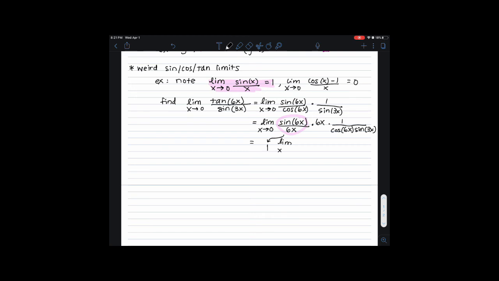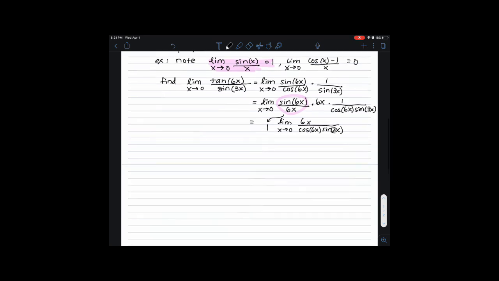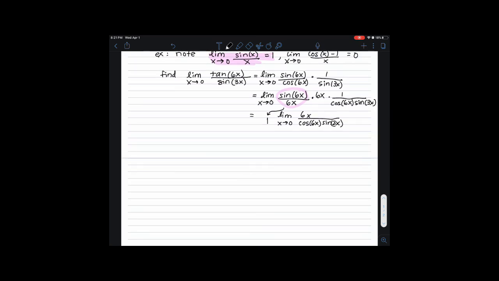And then we still have the limit as x goes to 0 of everything else, which is 6x over cosine of 6x times sine of 3x. Okay? So first of all, we know that the limit of two things multiplied together is just the limit of the first thing times the limit of the second thing.